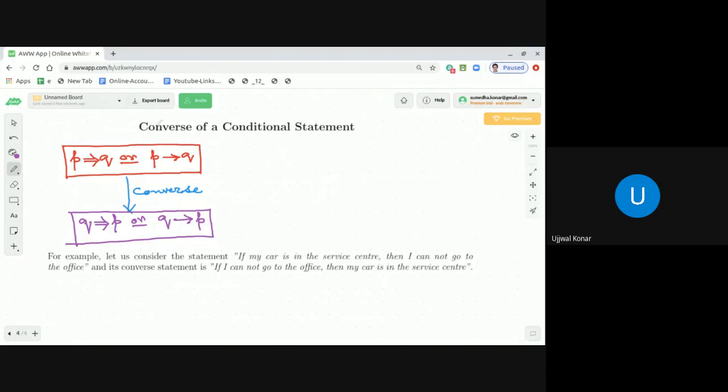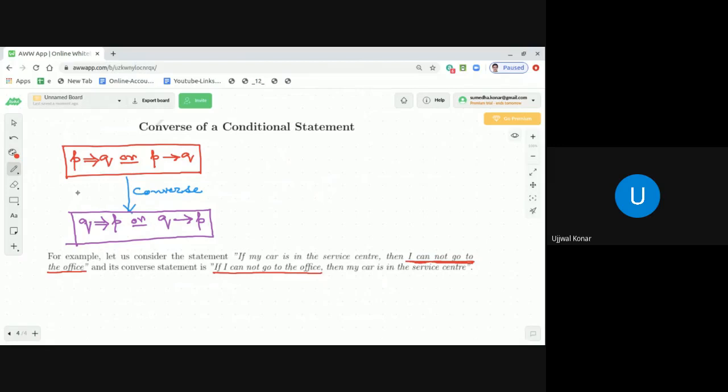That is my original statement. And what will be the converse of this statement? The converse will be: the last simple statement of the previous conditional statement, I cannot go to the office, becomes the first one. That actually starts with, if I cannot go to the office.